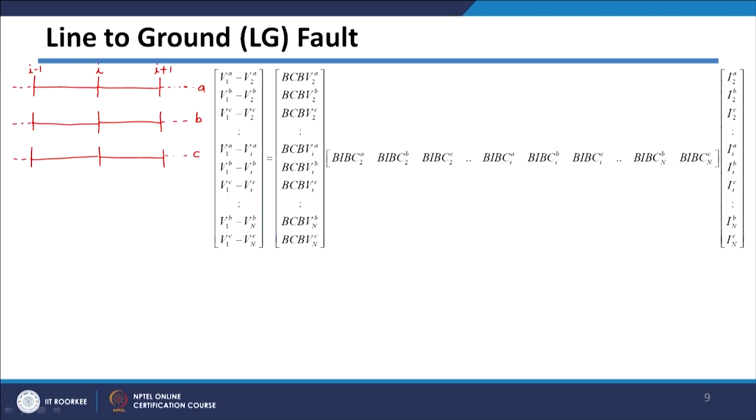If the line to ground fault is occurring on A phase, it will be represented by this structure, and this fault impedance is ZF, and the fault current flowing towards the fault is I post-fault F.